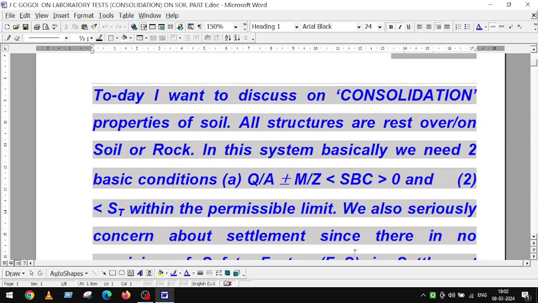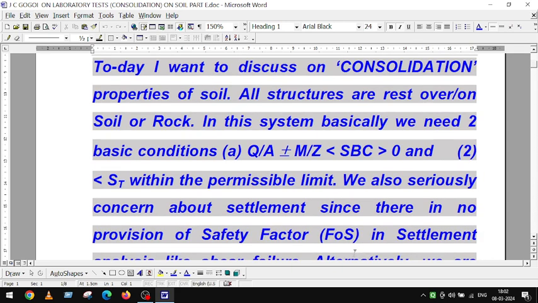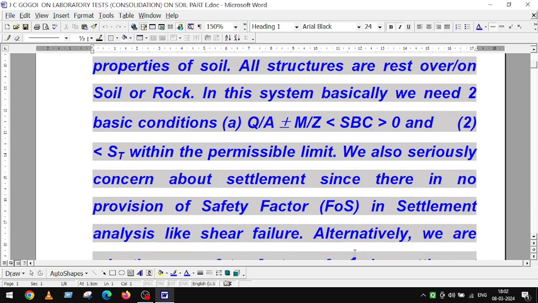We are seriously concerned about settlement since there is no provision of a safety factor in settlement analysis like there is for shear failure.